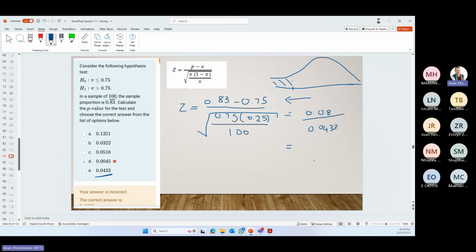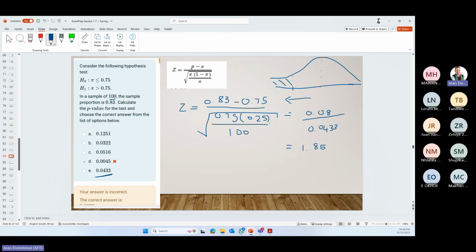I get Z is equal to 1.85. Okay, so that is what I'm getting. Z is equal to 1.85.